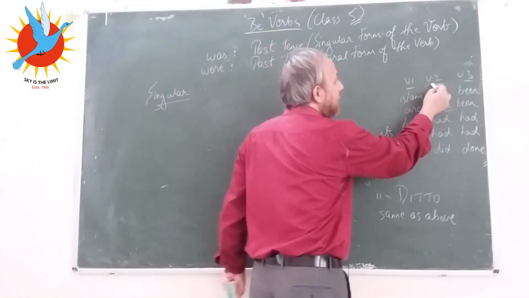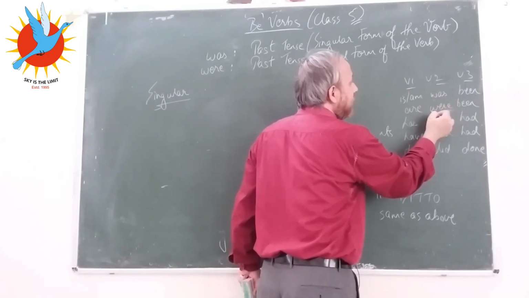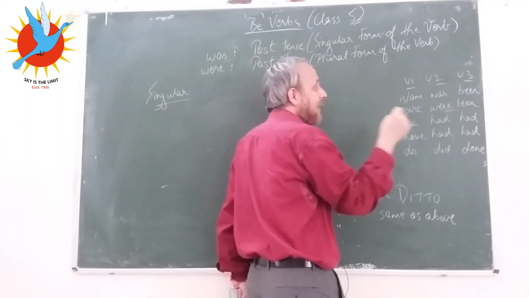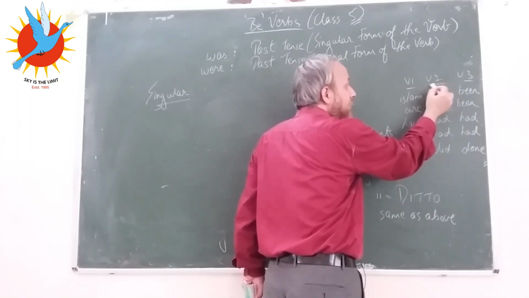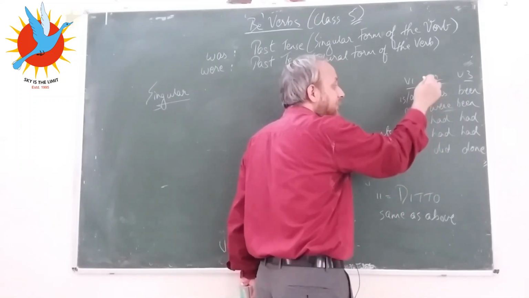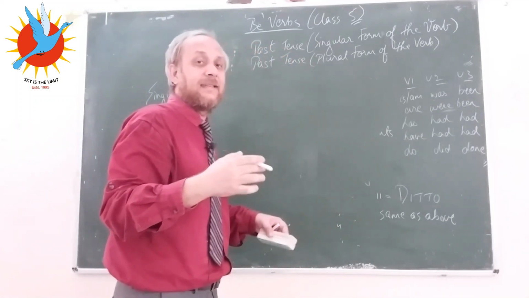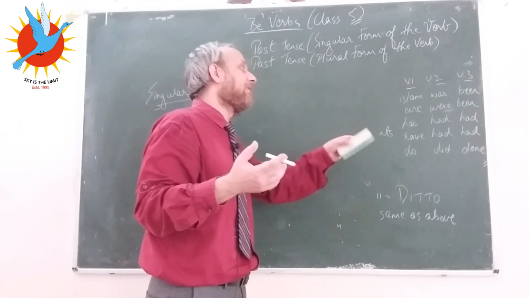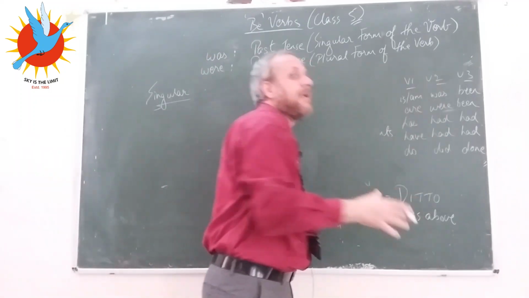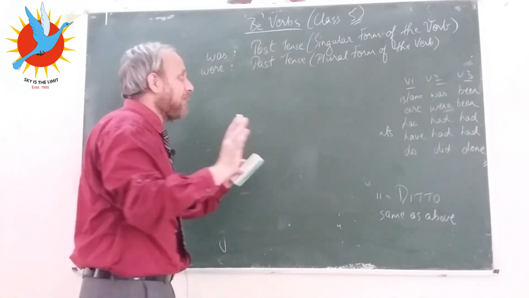So under verb 2 you have what? Was and were. Let me repeat myself: all these verbs that you see under verb 2, you will use to write a sentence in the past tense. If you want to be more specific, we use it to form the simple past. Okay, so let's keep it at that as of now.